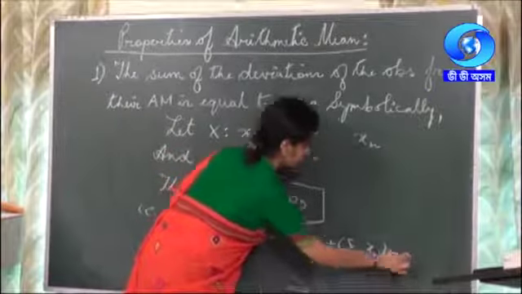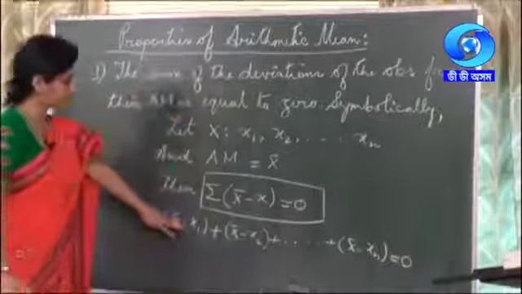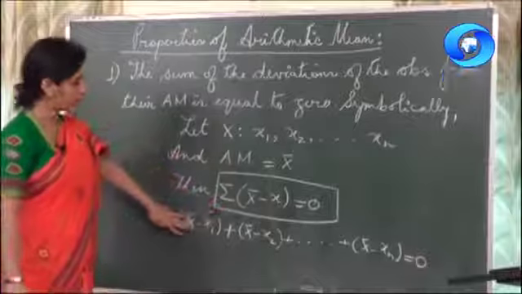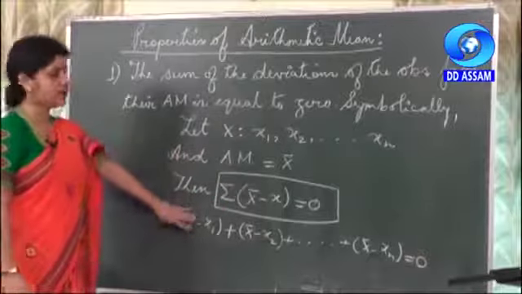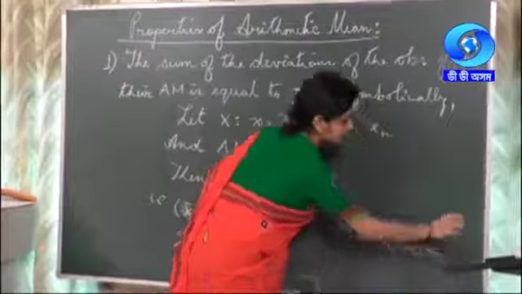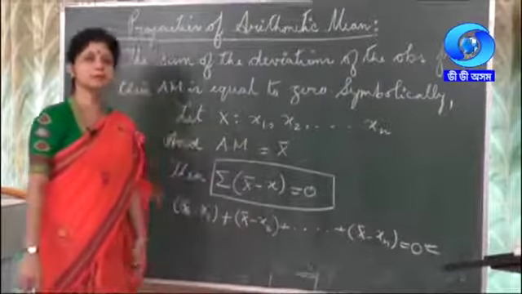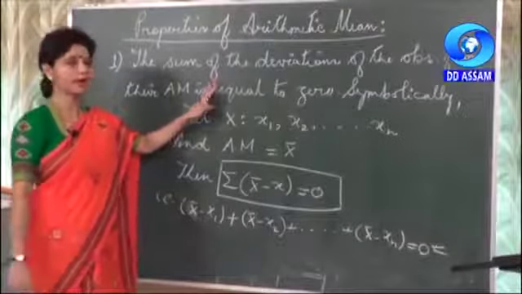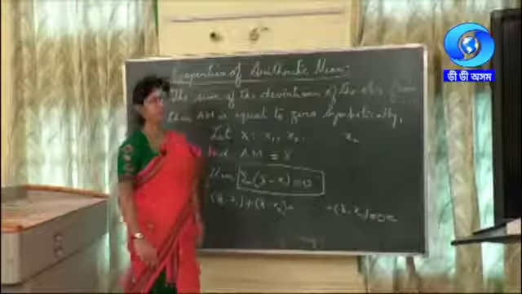We are taking deviations of each of the items x1, x2, etc. up to xn from the arithmetic mean x bar, and if we sum them up, the summation is always going to be equal to 0. This is the first property of arithmetic mean.